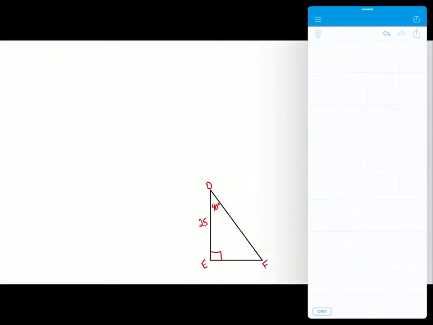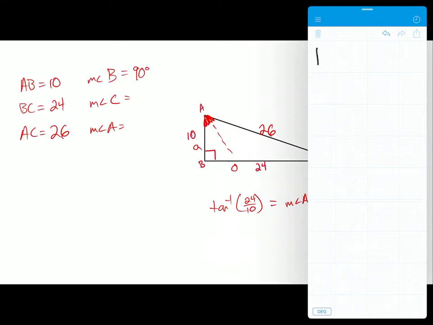So inverse tangent of, oh, why did it go backwards? Tangent -1, 24 over 10. 67.38 degrees. So angle A, let's round it to 67 degrees.